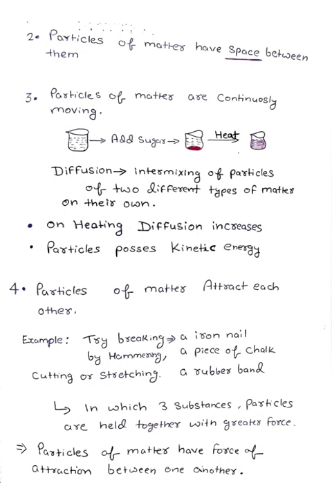And if we apply heat, then this diffusion process increases. On heating, the rate of diffusion increases. Particles possess kinetic energy, and this kinetic energy increases when we apply heat.